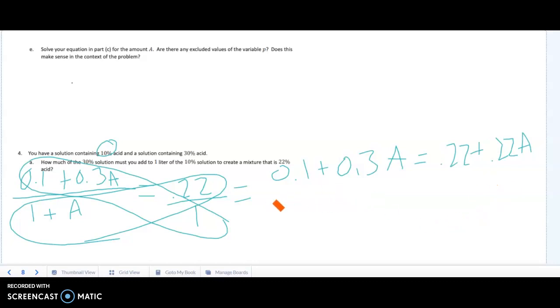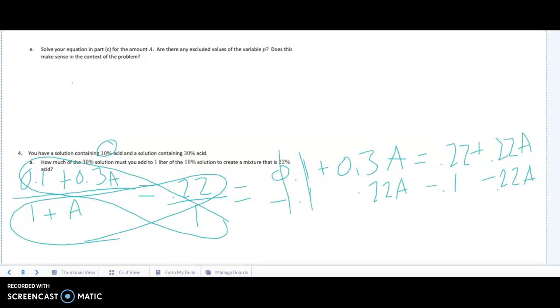Okay, let's start back right here, because this is 0.3, not 0.03. So we want to subtract 0.22A, then we'll subtract 0.1. I knew I was messing up because I was going to have a negative, and we shouldn't have negatives on this type of stuff.